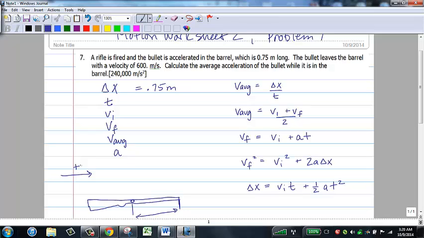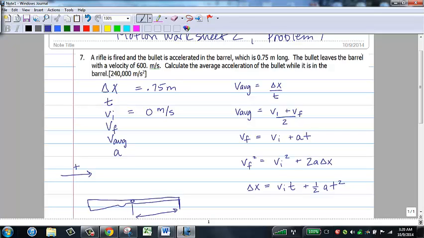When the bullet is sitting in the gun, it's not moving, and so its original velocity or initial velocity is 0. The bullet is at rest until the acceleration begins. When the bullet leaves the barrel of the gun, it says that the velocity is 600 meters per second.